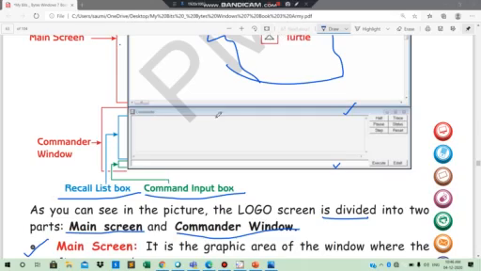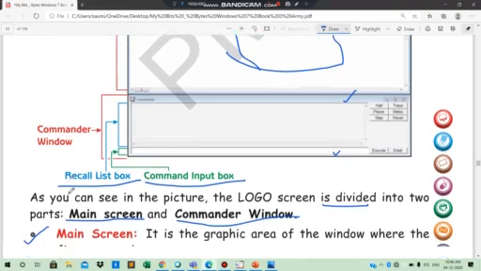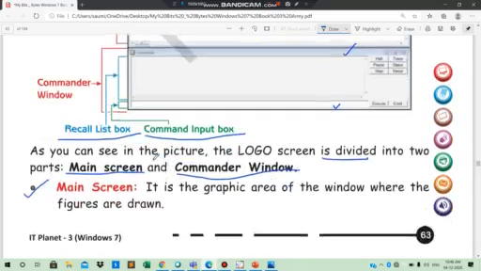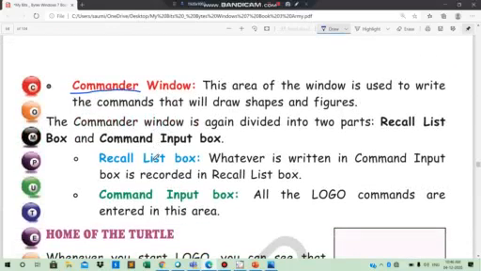Okay, now the next thing is we have seen that the logo screen is divided into two parts. First is the main screen, the other one is the commander window. And I have also told you that the commander window is divided into two parts, that is the recall list box and the command input box. So let us understand that.